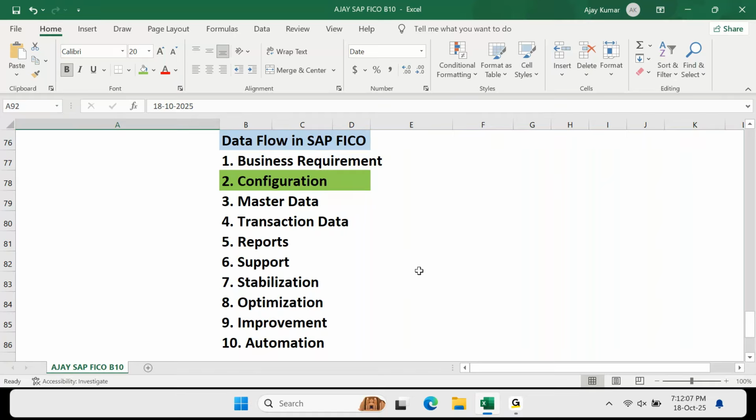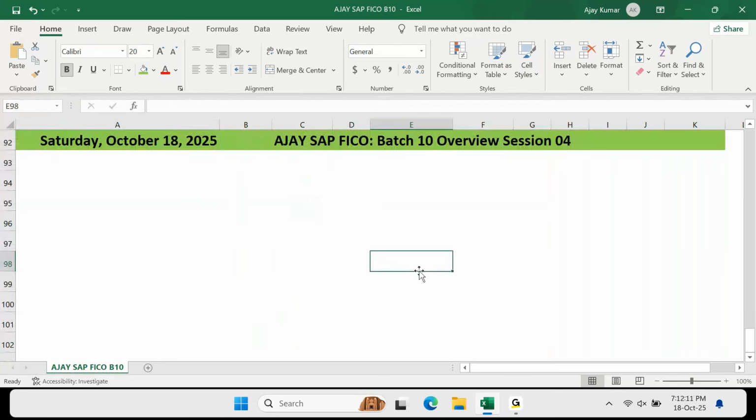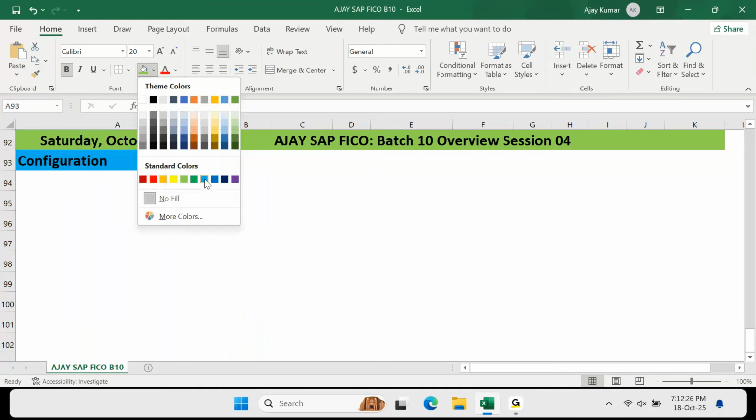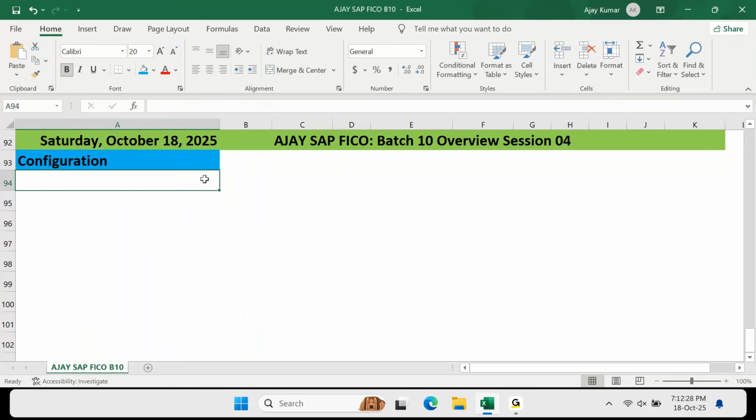Next, we'll try to understand what exactly happens here, what it is all about. The first point that we need to understand is configuration. Again, let me highlight this configuration. Why do we need to highlight configuration here? Because we understood SAP is not a ready to use application.